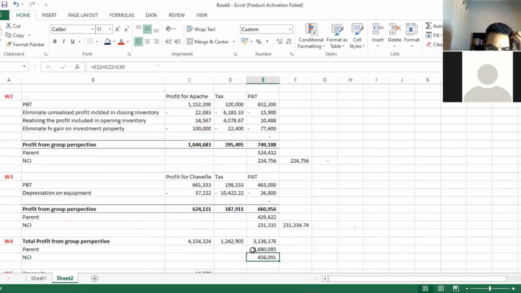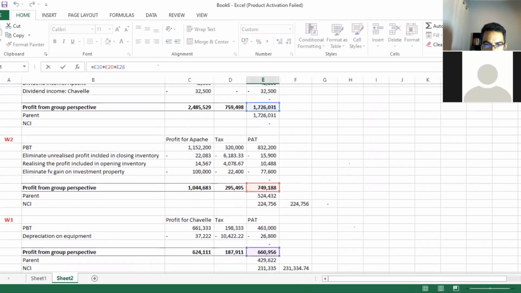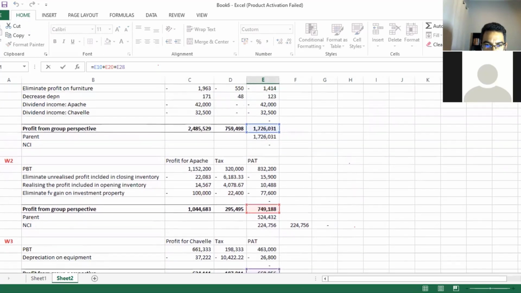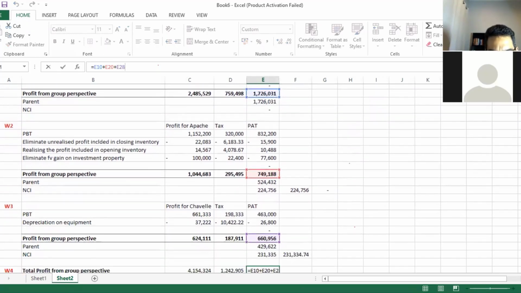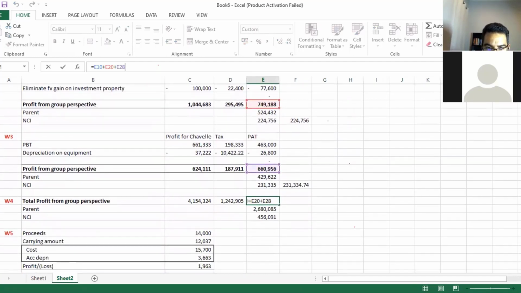Okay. It's not right. Something's not right here. Where's the after tax figure? What am I getting wrong here? I'm missing a number. Something's not right. Can anybody see what I'm missing?